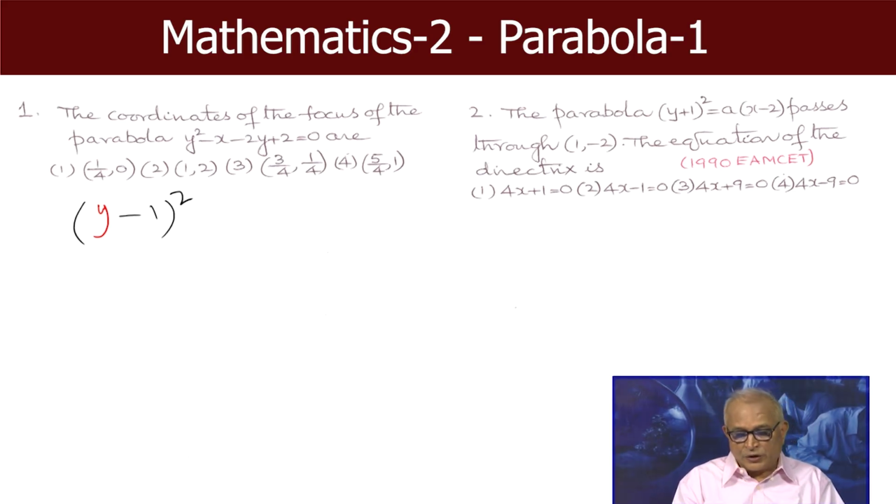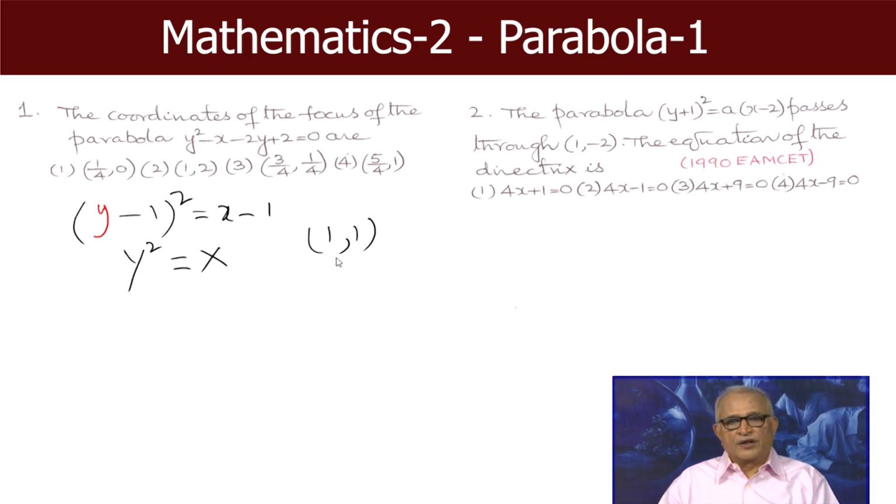that is y² minus 2y plus 1 is equal to x minus 1. I hope I am clear. By changing the origin to the point (1, 1), this is same as y² equal to x. Translate the origin to (1, 1), this is y² equal to x.